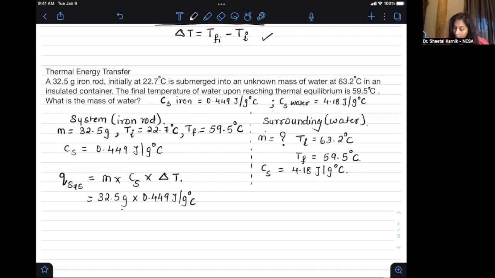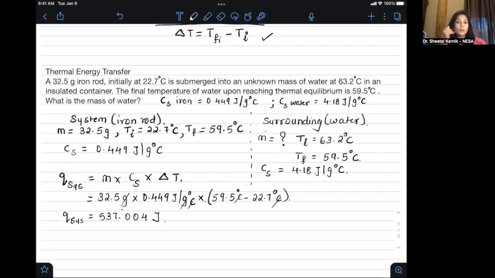So grams here is correct. Multiplied by delta T. So delta T is 59.5 degrees Celsius minus 22.7 degrees Celsius. When I do the calculation, my answer comes down to Q of the system is equal to 537.004 joules. And again, here, the units have gotten canceled, C with C.